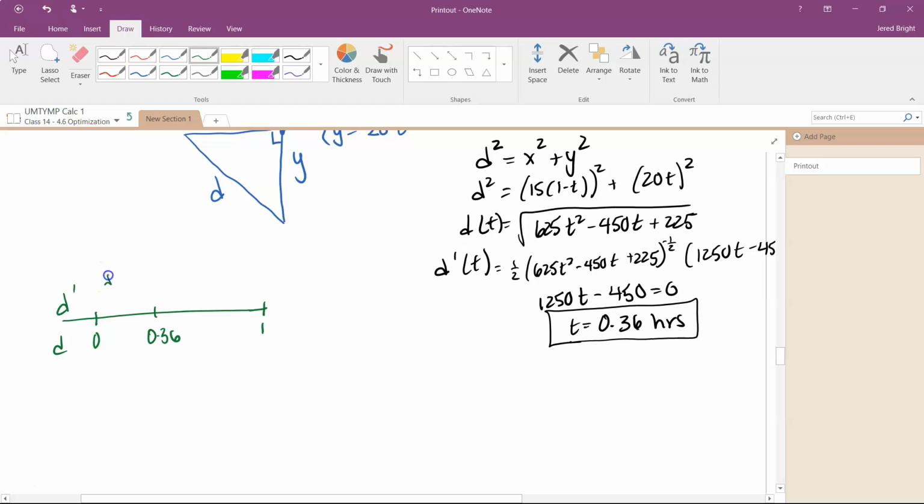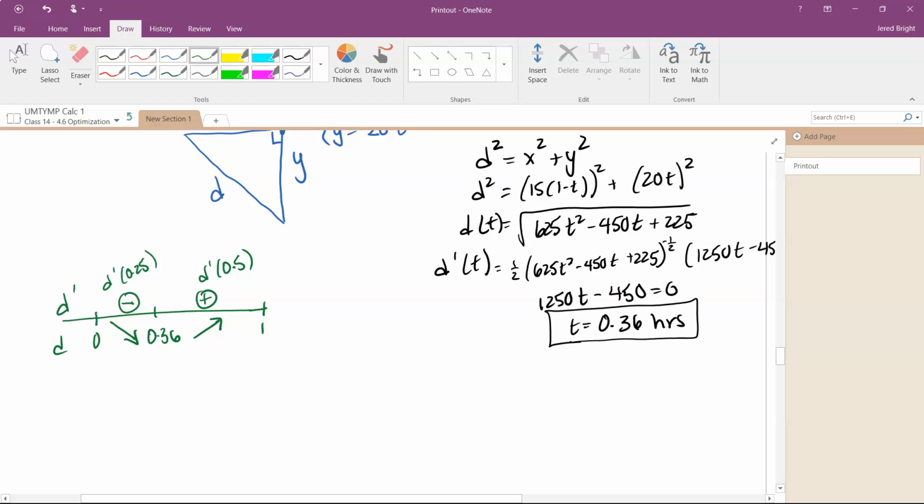So what I'm going to do is look at d prime of, say, 0.25, and then d prime of 0.5, and calculate values there. In the first interval I end up getting a negative, and in the second interval it is a positive, meaning that d as a function is decreasing in the first interval and then increasing in the second interval.